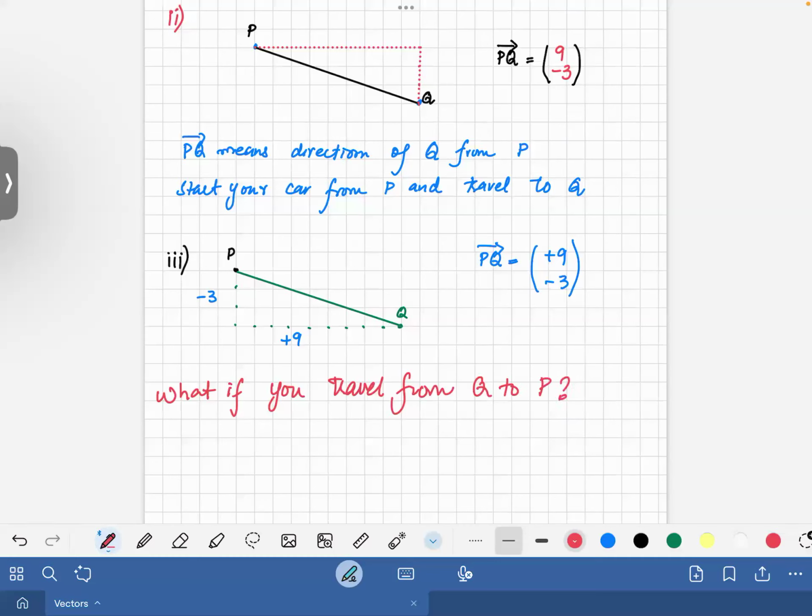Now these two are x and these two are y's. So add x with x and y with y. So it would be 2 plus -5 and 3 plus 6. The answer would be 2 minus 5 is -3 and 3 plus 6 is 9.